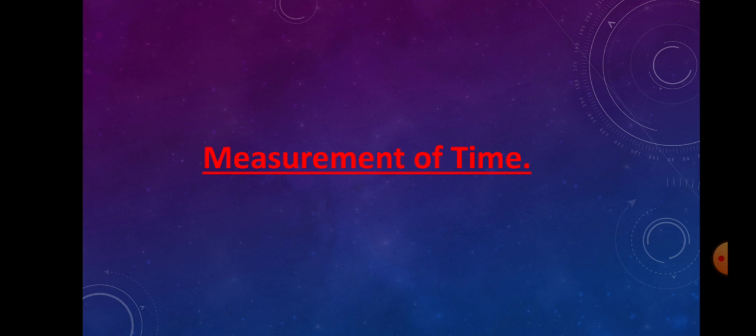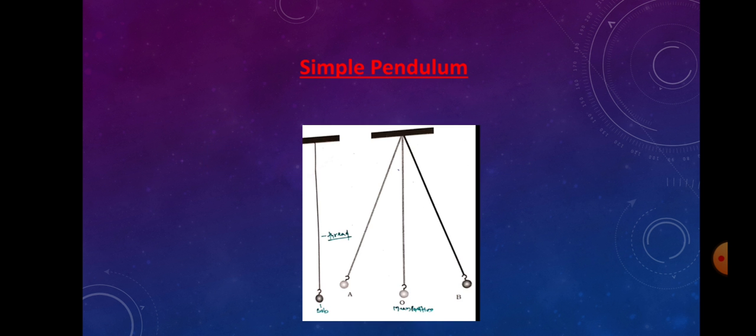Though the working of clocks is complex, all clocks make use of some periodic motion. And one of the most common and well-known periodic motions is that of the simple pendulum.